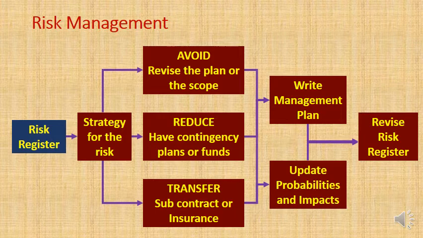We can reduce the risk. So what's the risk of a project delay because of funds being reduced, funds running out? Well, that risk can be reduced. The impact of that can be reduced by having a contingency plan or contingency funds. Transfer the risk. The risk of, let's say, what's a technical risk?